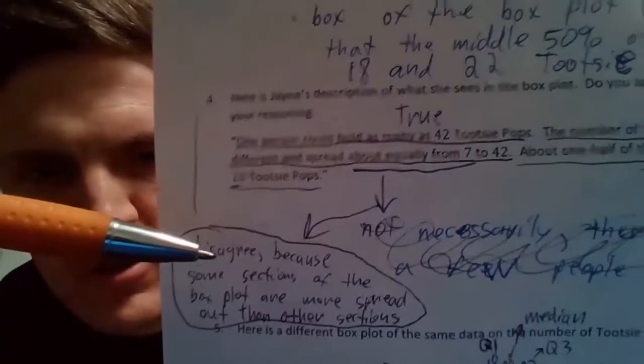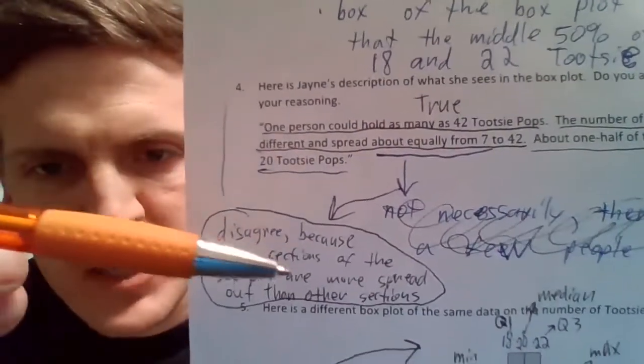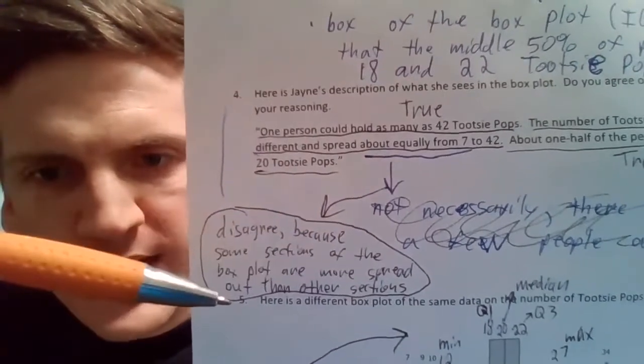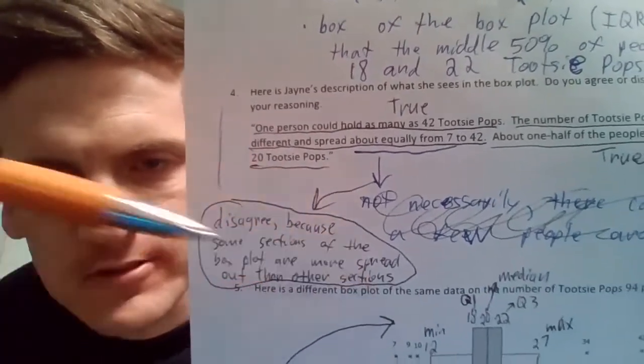So that is where I would finally get to my idea of whether I agree or disagree. Disagree because some sections of the box plot are more spread out than other sections.